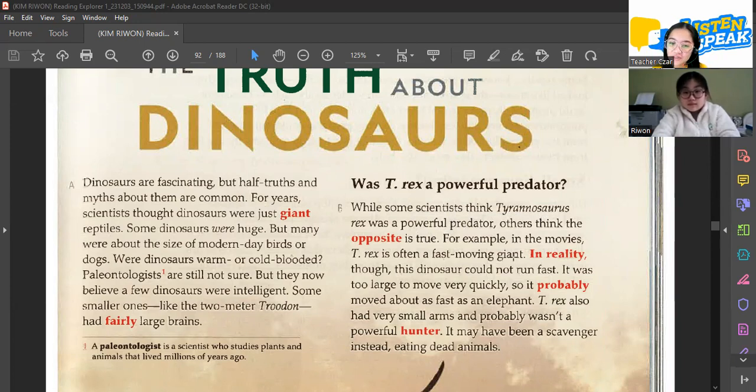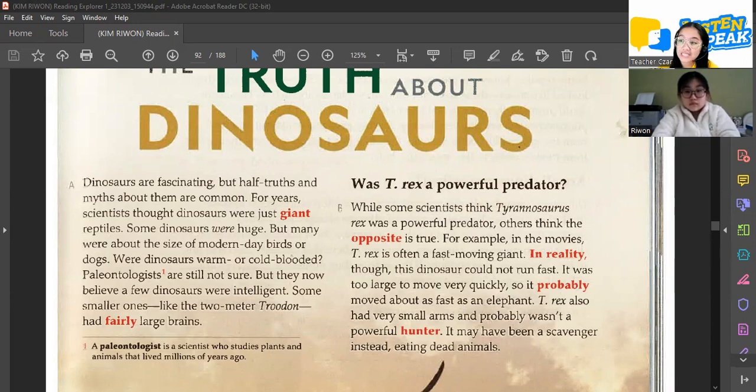They believe that T-Rex could only move as fast as an elephant. It also had very small arms and probably wasn't a powerful hunter. So they believe that T-Rex was just a scavenger.